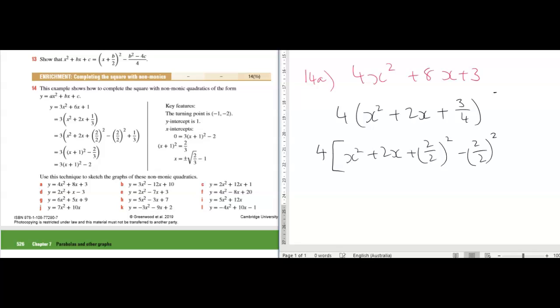Then we subtract it, and then we add the 3 on 4. Now we can factorize this into a perfect square. So we've got x plus 1, squared, and then minus 1 squared, which is just 1, plus 3 on 4.